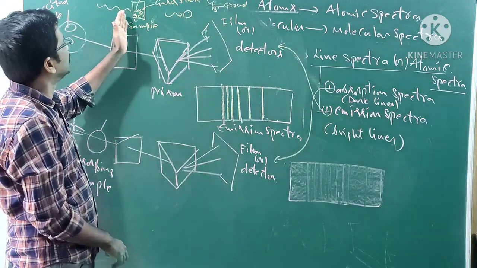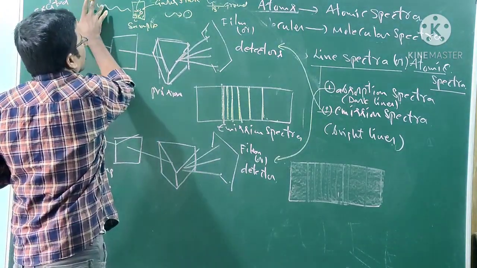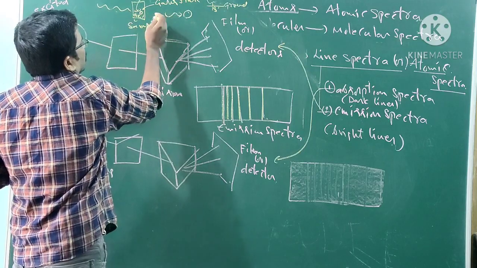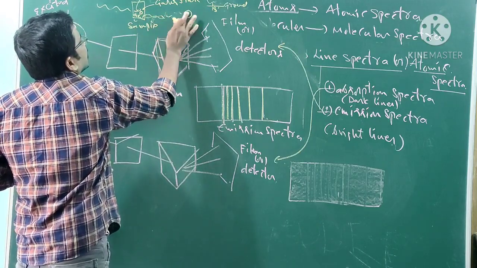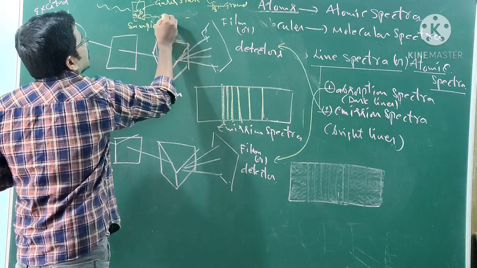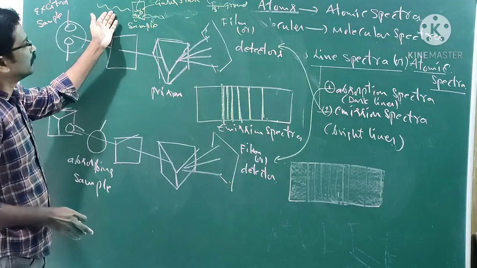So some energy is missing. Whenever electromagnetic radiation falls on a sample, the radiation coming out has lesser energy than the incoming radiation.